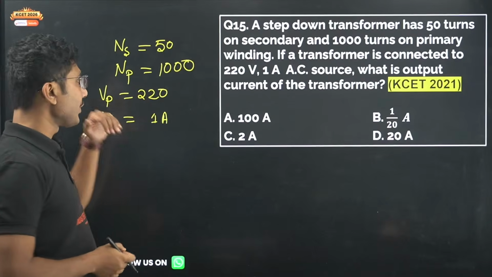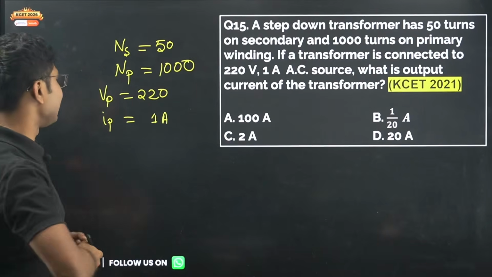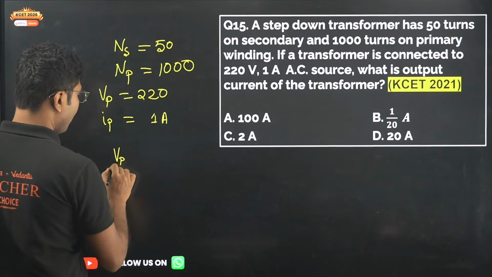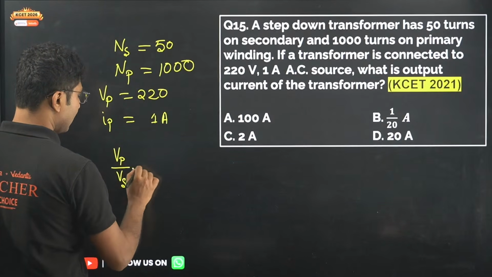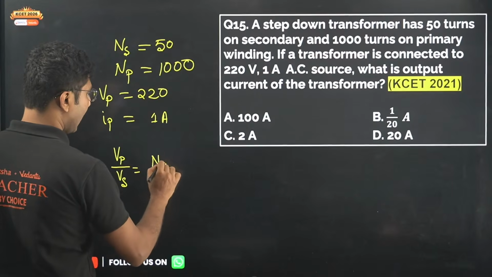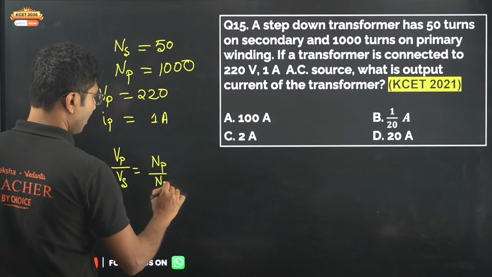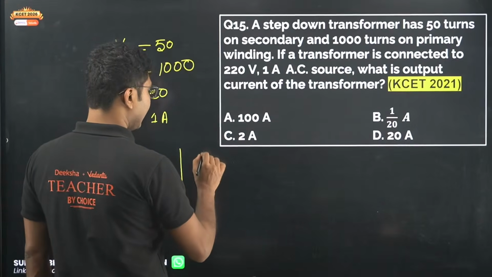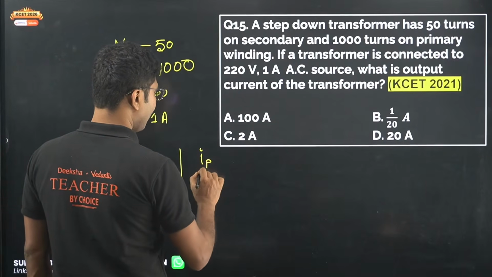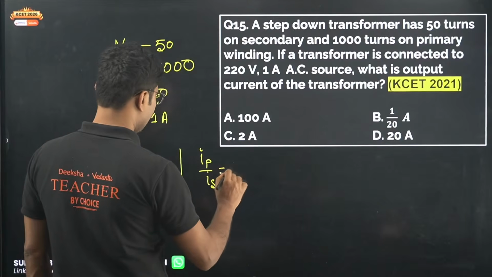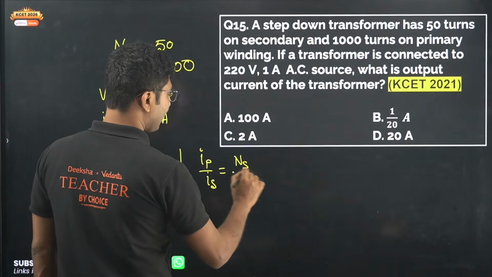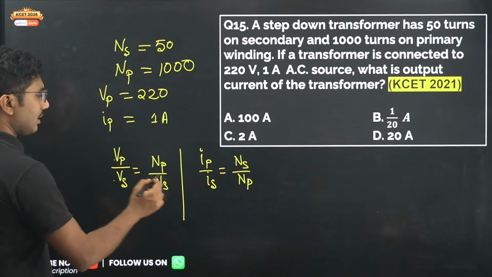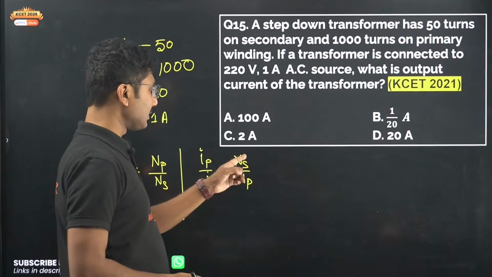Normally for a transformer, Vp by Vs equals Np by Ns. This is for voltages, but for current it is exactly the reverse. So Ip by Is equals Ns by Np. So for voltage it is directly related, but for current it is inversely related.